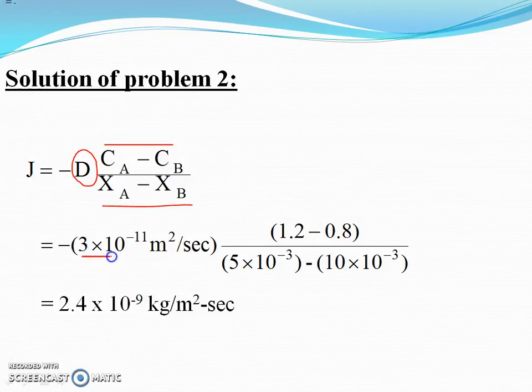The D value is given to us, that is 3 into 10 to the minus 10 in SI unit, meter square per second, and CA minus CB is 1.2 minus 0.8, that is, the concentration at point A was 1.2 kg per meter cube and this was 0.8 at point B. The distance of point A with respect to the reference point is 5 into 10 to the minus 3 meter, and for point B with respect to this reference point, it is 10 into 10 to the minus 3 meter.